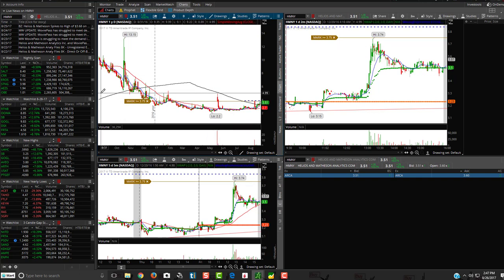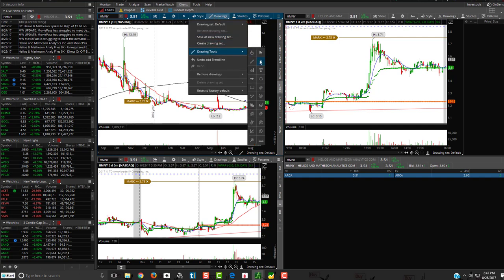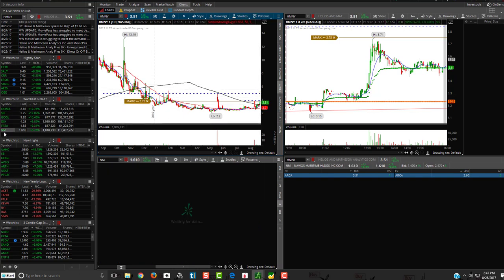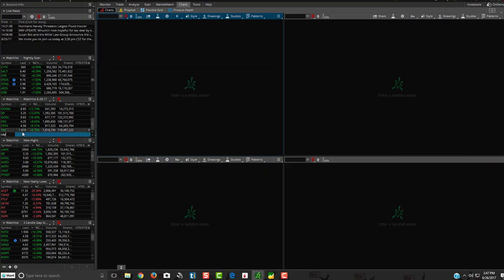But if it could break this $5 marker right there, who the heck knows how high this thing can fly right above that area? So you can see that would be a decent breakout. So I will put HMNY on the watch list just because of the pattern that's forming.